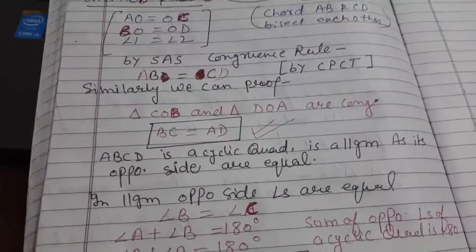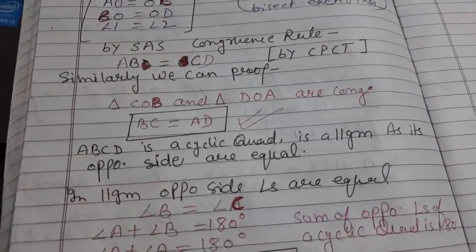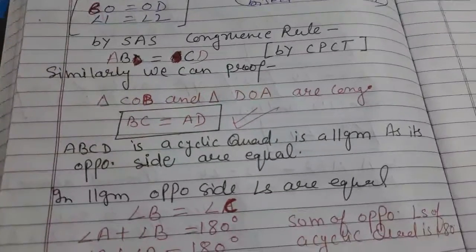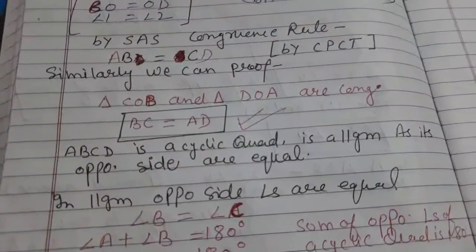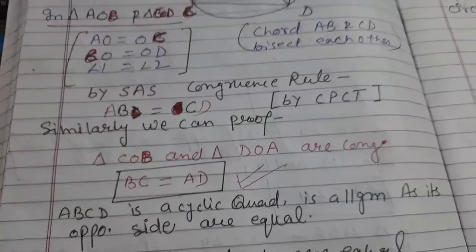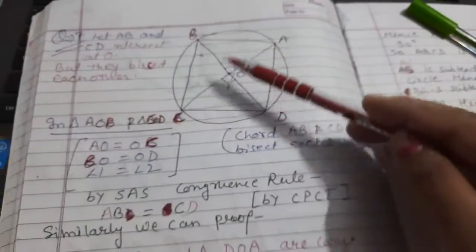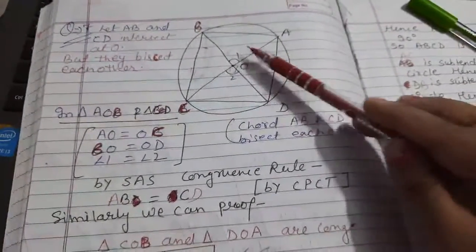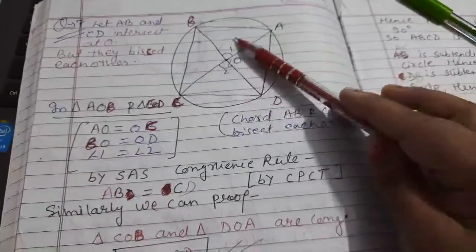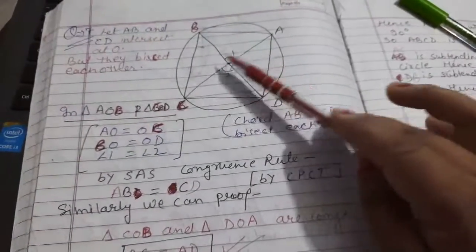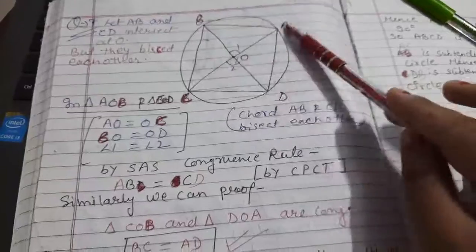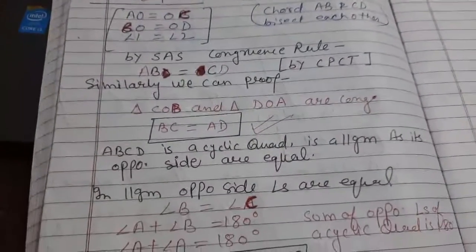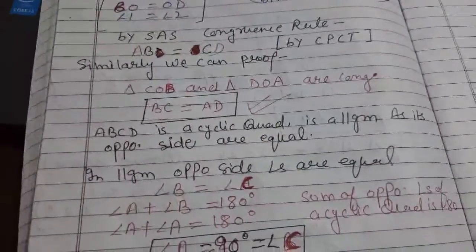Now ABCD is a parallelogram as opposite sides are equal. From the first pair of triangles we got AB equal to CD, and from the second pair of triangles we got BC and AD equal. So ABCD is a parallelogram.